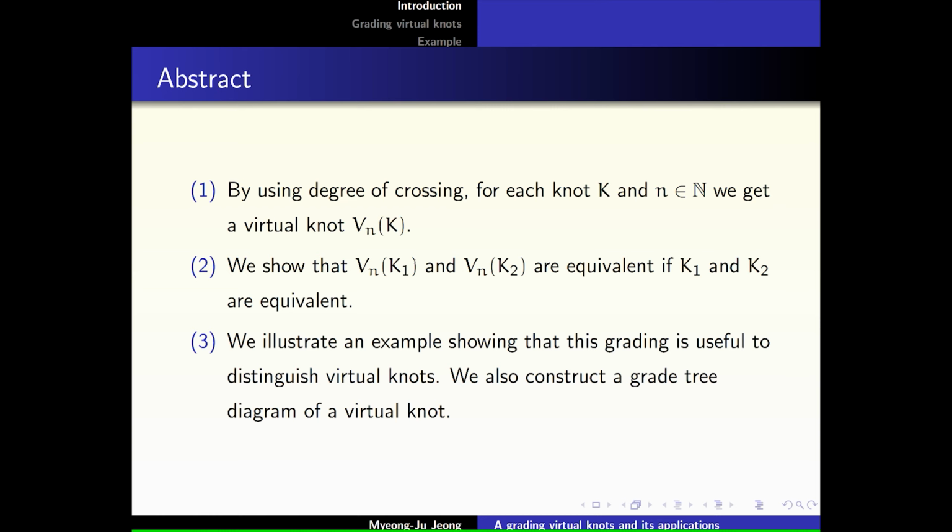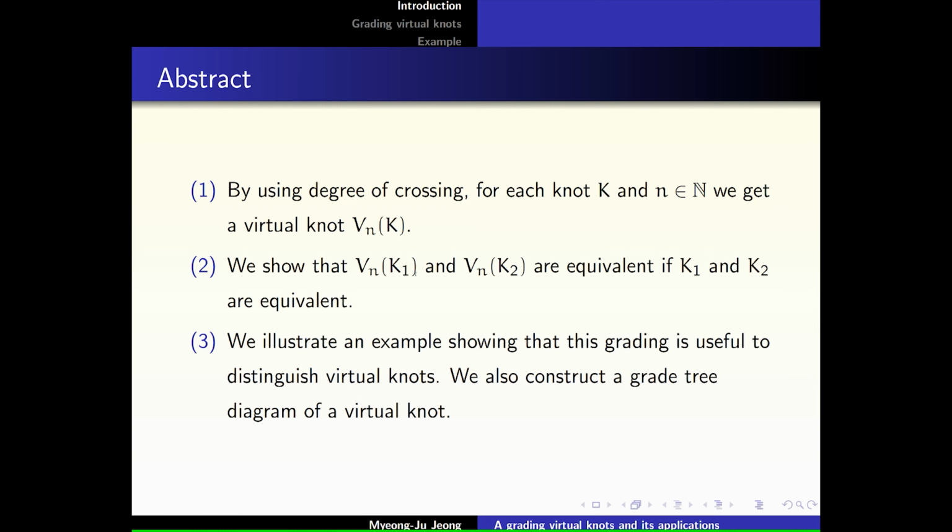Here is the abstract of our talk. By using the degree of crossing for each knot, we can define V_n(K), which is obtained from K by virtualizing some classical crossings, and then we will show that if two virtual knots K1 and K2 are virtually isomorphic, then V_n(K1) and V_n(K2) are also virtually isomorphic.